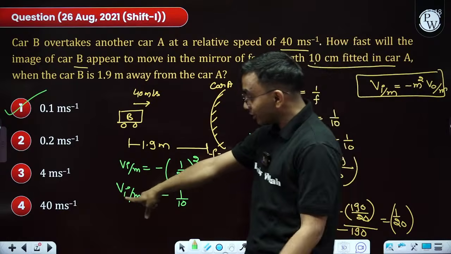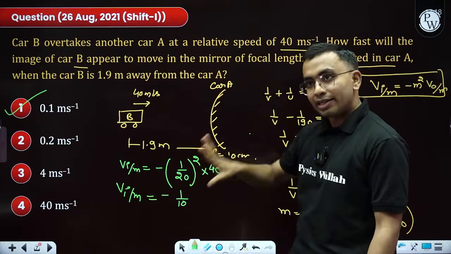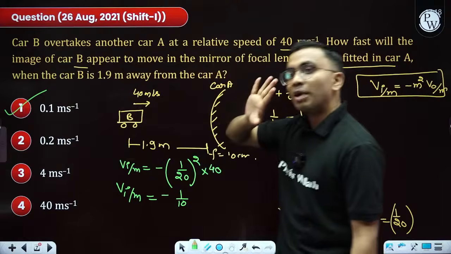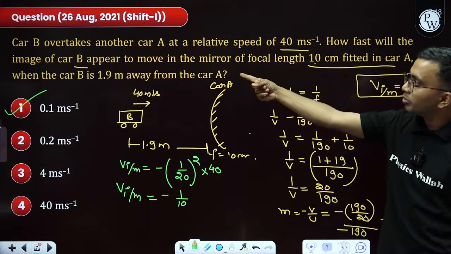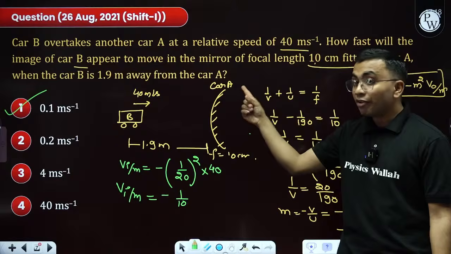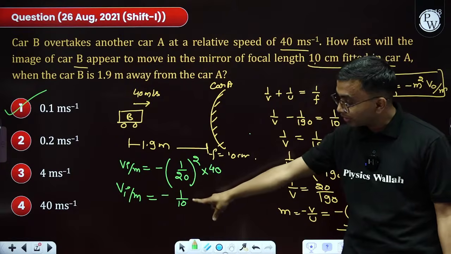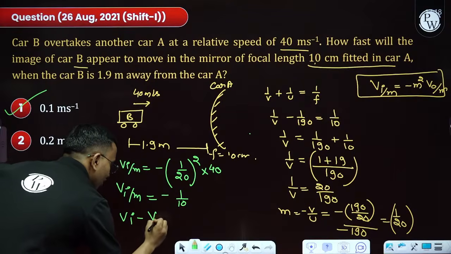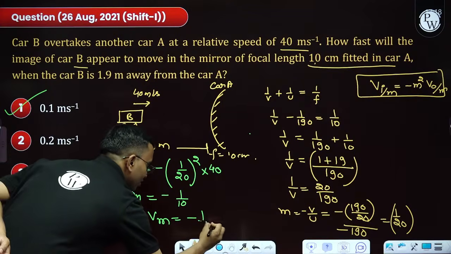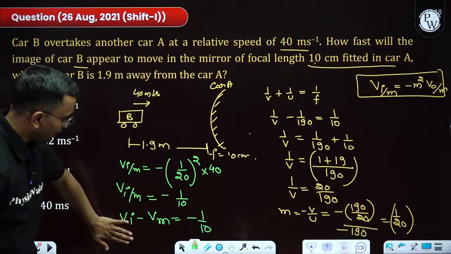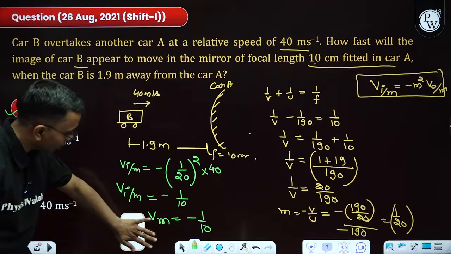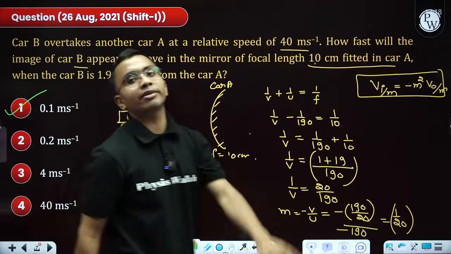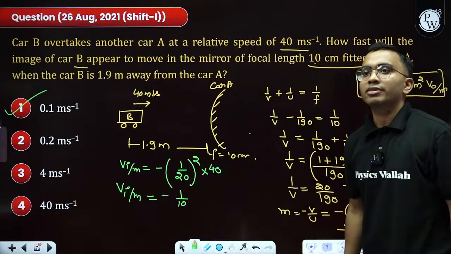Then I would write velocity of image minus velocity of mirror is equal to minus 1 by 10, and from there I would find the velocity of image. But we need to find relative velocity only, therefore like this.